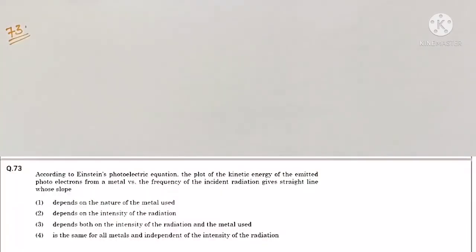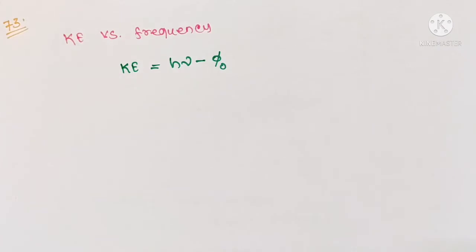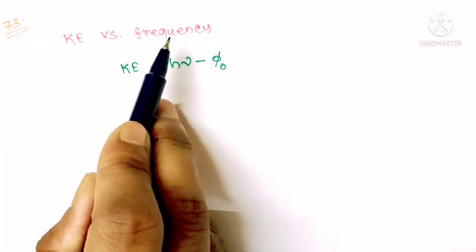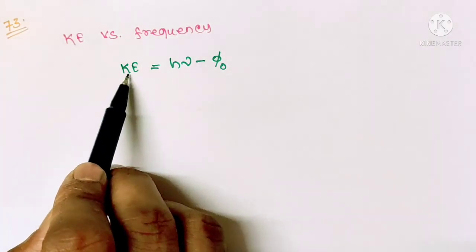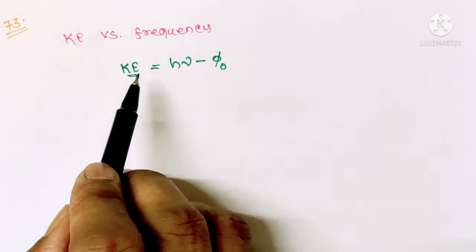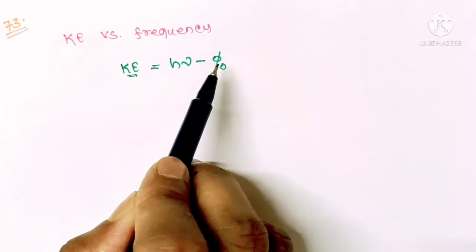Question number 73. According to Einstein's photoelectric equation, the plot of the kinetic energy of the emitted photoelectrons from a metal versus the frequency of the incident radiation gives a straight line whose slope is? We have to draw the kinetic energy versus frequency graph. From Einstein's photoelectric equation, kinetic energy of the emitted photoelectron equals h nu minus phi naught. h nu is the energy of the photon, phi naught is the work function of the metal.